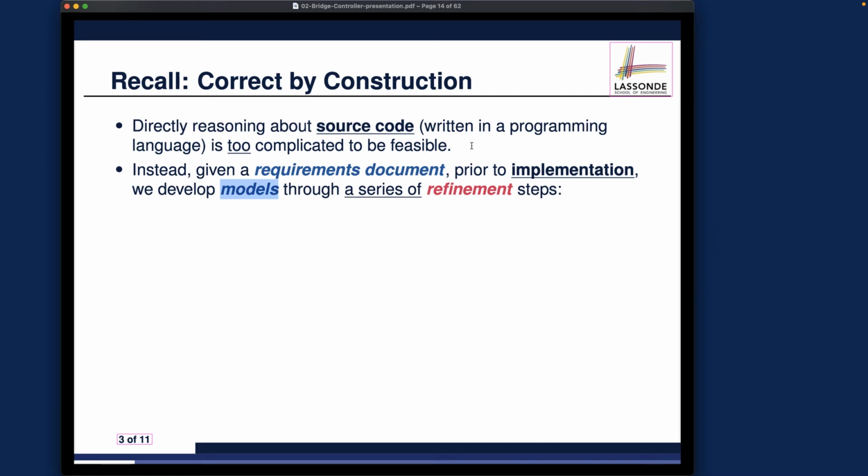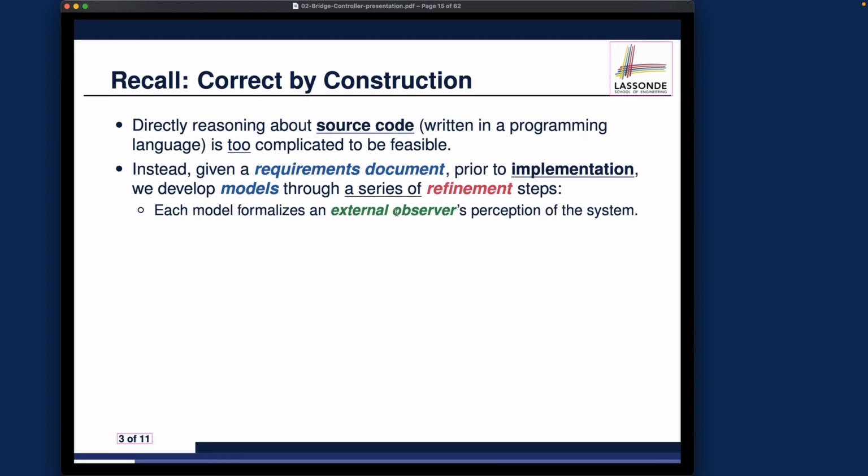People used to say the most accurate model of your system development is the source code. To some extent it might be true, but in many cases it's simply not true, especially for verification purposes. So prior to the final source code, you want to develop models with increasing levels of concreteness, meaning starting from the most abstract and adding more and more details to make it more concrete until you get a model that's sufficiently close to the final code. That's something we want to do. It's called refinement, and that's also part of the title of this course.